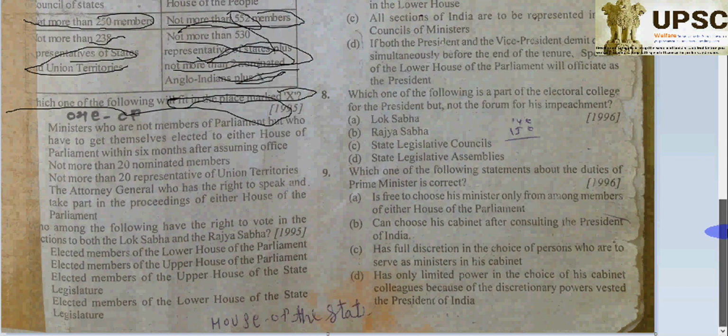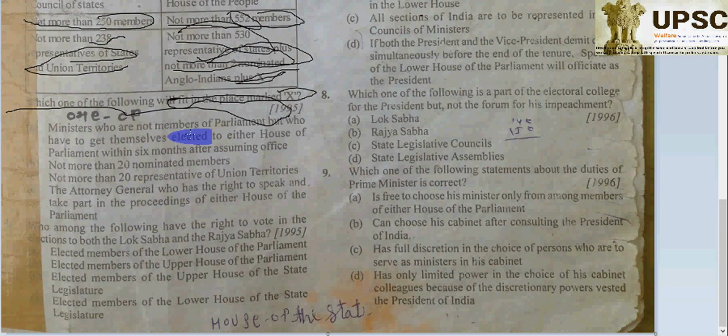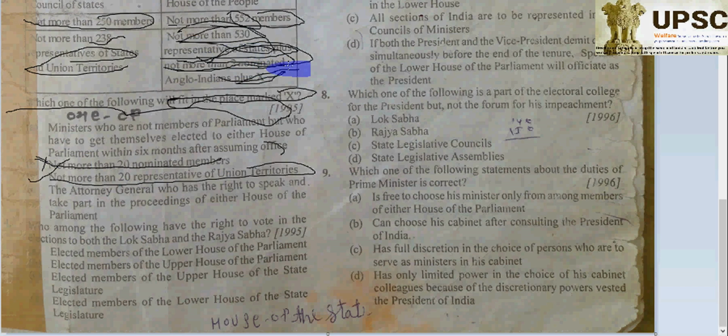Now let's try the options. Ministers who are not members of Parliament but have to get themselves elected to either House of Parliament within 6 months; or not more than 20 nominated members. No, that is incorrect, because the talk here is of not more than representatives of the states, plus not more than 2 nominated Anglo-Indians, plus 20 from the union territories.